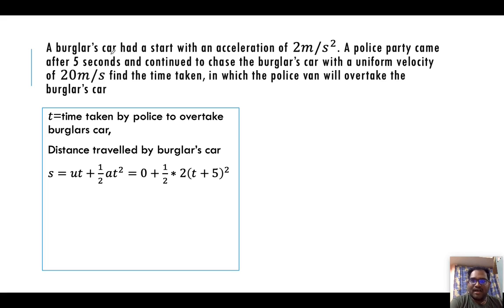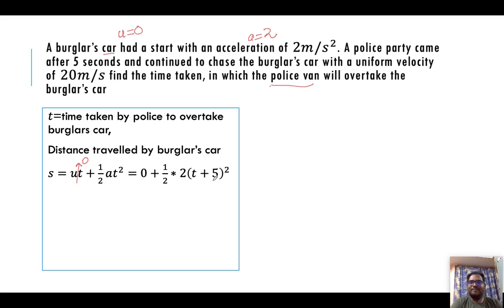So every car, whether it's a burglar's car or even a police van, a police car, basically the initial velocity will be equal to 0, right? So u is equal to 0. So this whole term will be 0 plus half 2, which you can find it over here. Your acceleration is 2 meter per second square and t plus 5.